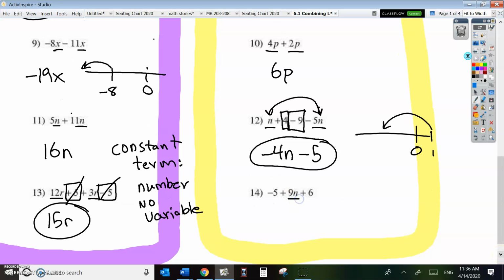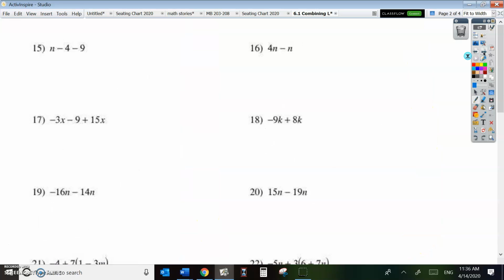Okay, there's an n, and there's two constant terms. So 9n plus 1. Okay, this side is going to be a little more difficult.